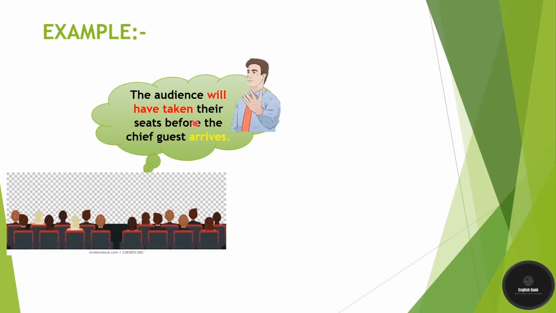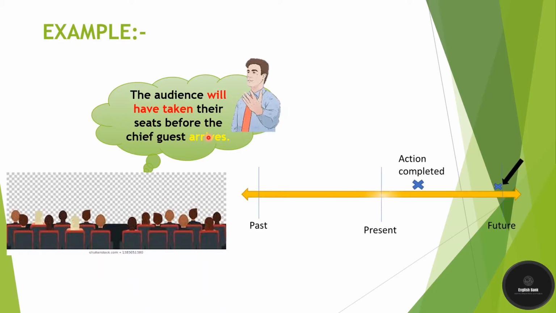There are two future events in this sentence. First one is the audience will have taken their seats and the next one is before the chief guest arrives. Now look at this timeline. Here's the completed action and here's the other future action.